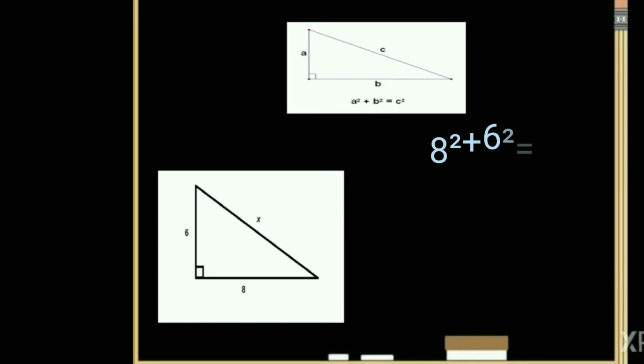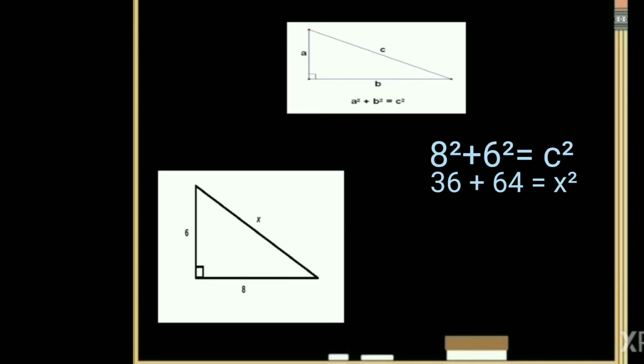Our base is 8, so 8 squared plus our height 6 squared equals x squared. So 6 squared equals 36 plus 8 squared equals 64. So 36 plus 64 equals x squared. If you add that, it becomes 100 equals x squared.